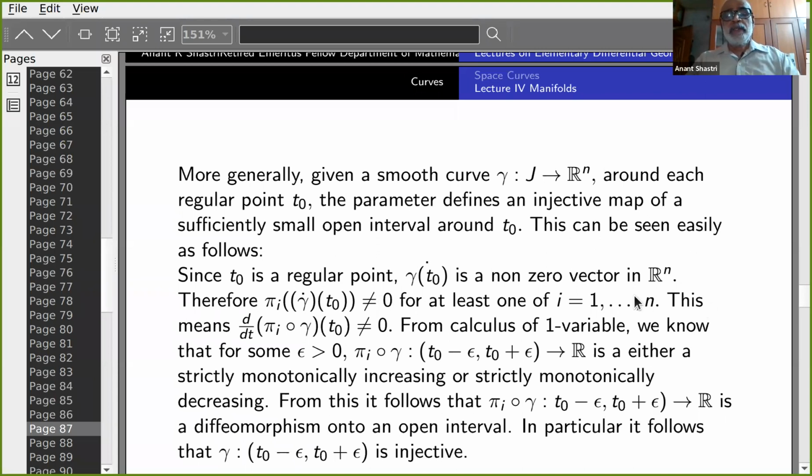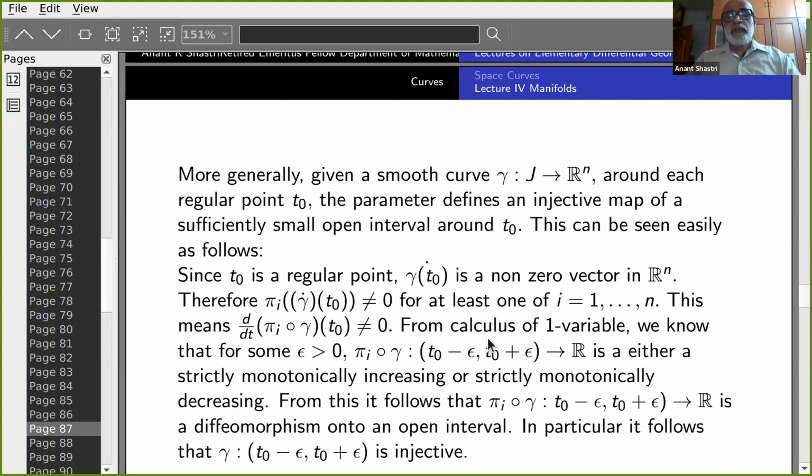This just means that d/dt of the composite pi_i composed with gamma, which takes first the map gamma and then its ith coordinate pi_i, has derivative at t0 not zero. By the chain rule, the derivative of this is the derivative of pi_i composed with the derivative of gamma. But the derivative of pi_i is pi_i itself, because pi_i is a linear map from R^n into R.